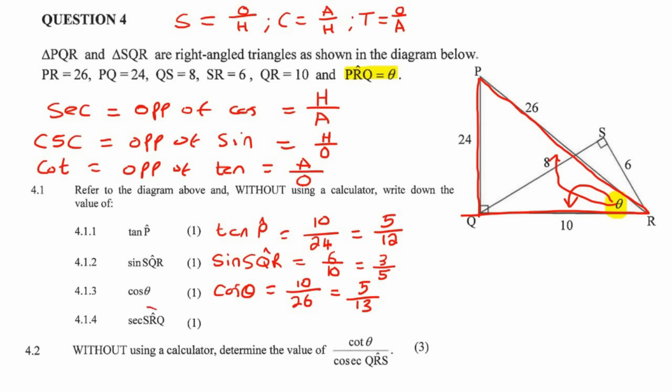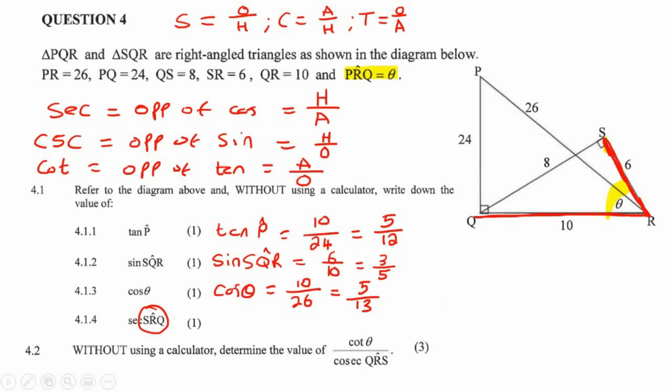So we first need to go see the angle. We're looking at angle SRQ. So SR and then Q. Okay, so like that. So SRQ is this entire angle now. So it's not theta, it's that entire angle.